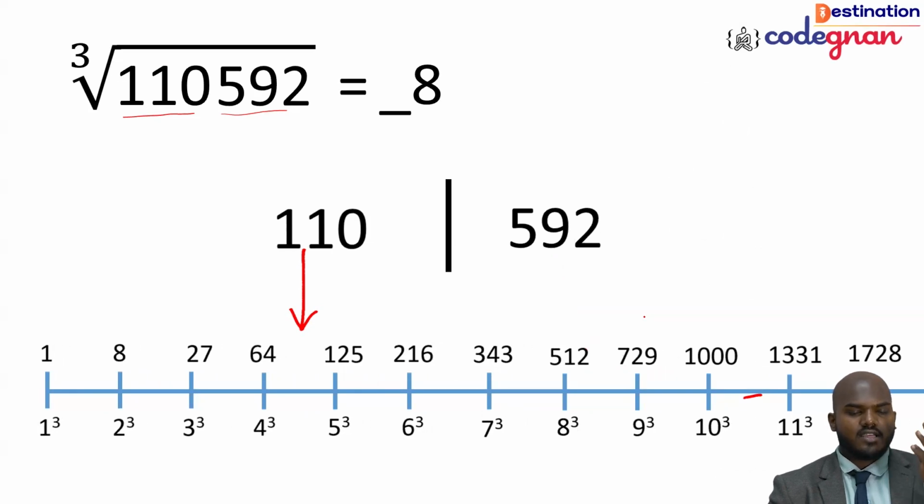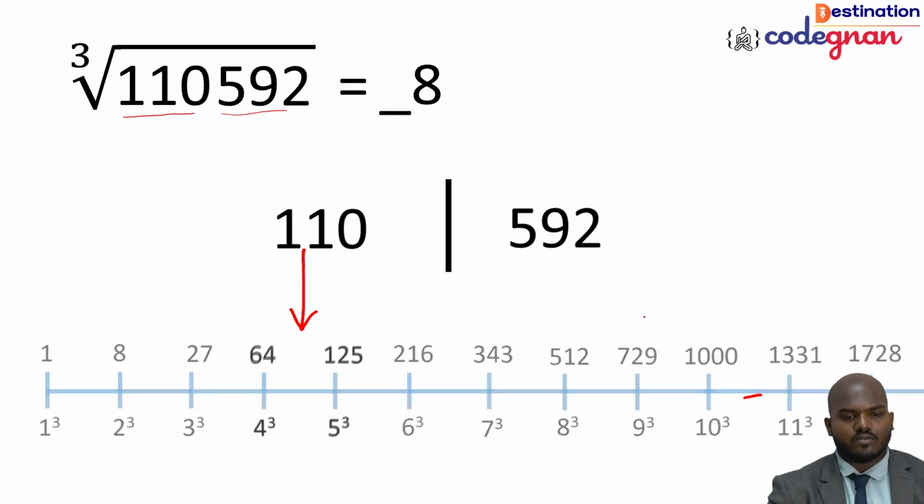We can call it as 64. So 4 cube is 64, 5 cube is 125. Make sure you remember this, all the values you have taken down in your notes. This is also basics. You need to memorize this one. We don't have any shortcuts here. But you see this one, in between this place, 110 falls. So then you need to take the smaller value.